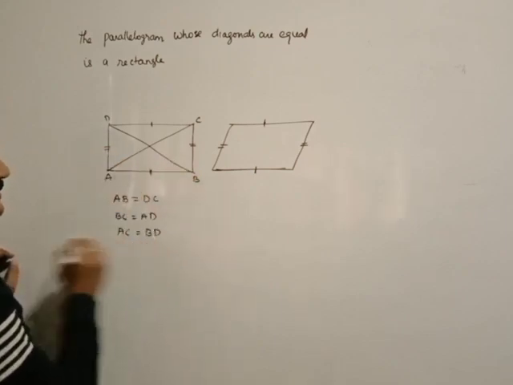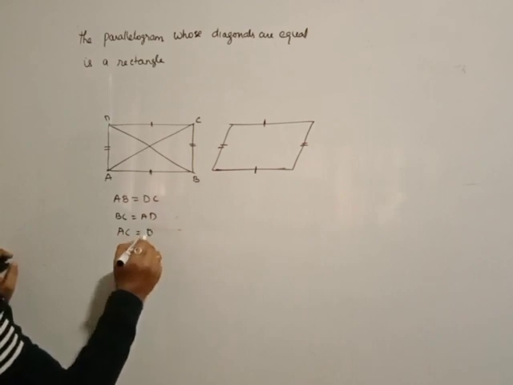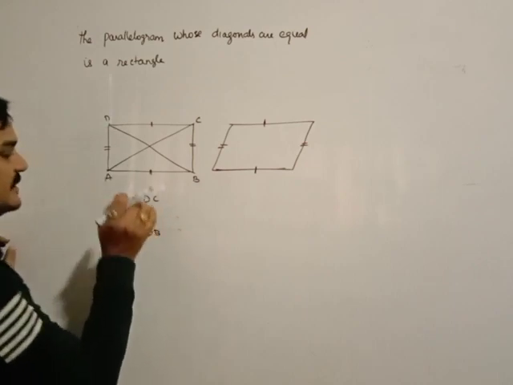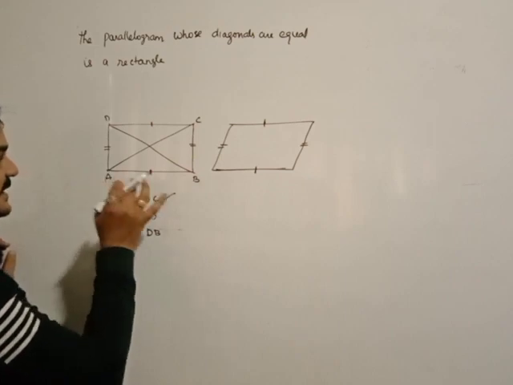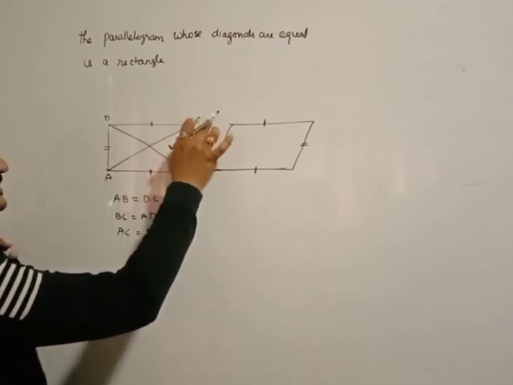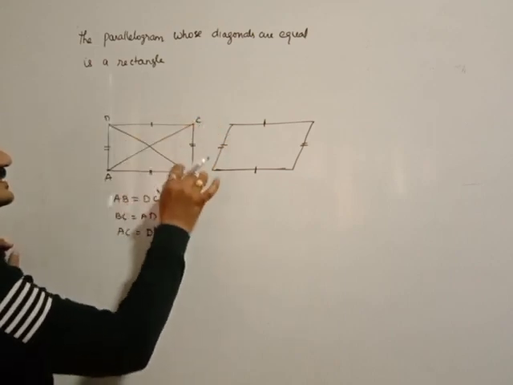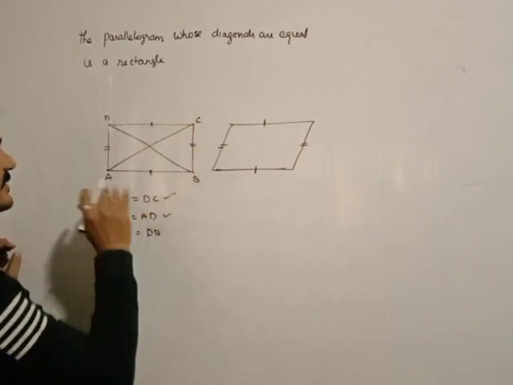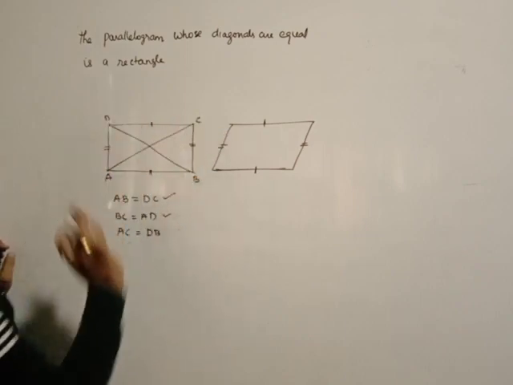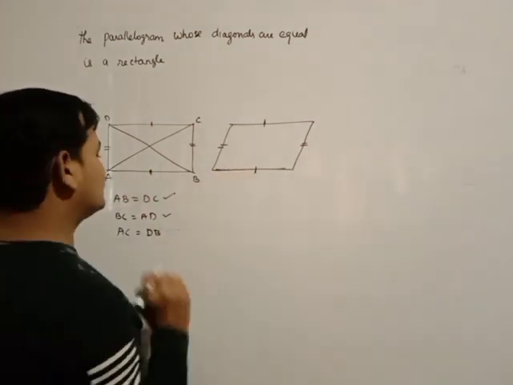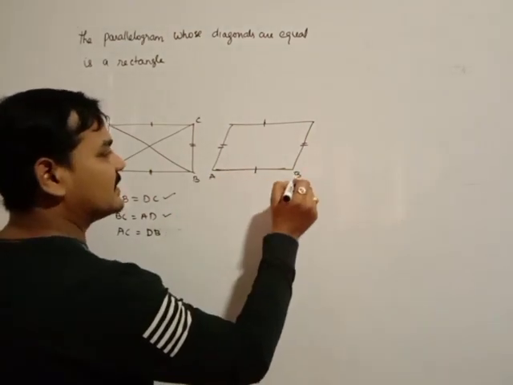So one side AB is equal to DC and another side BC is equal to AD, and similarly AC is equal to DB. This is the rectangle.